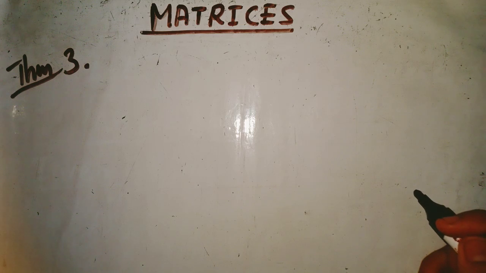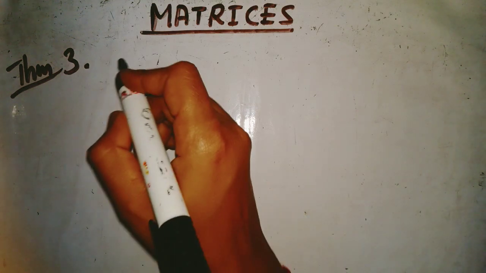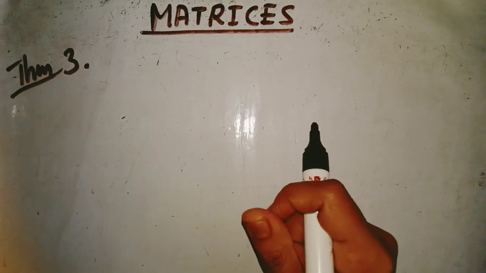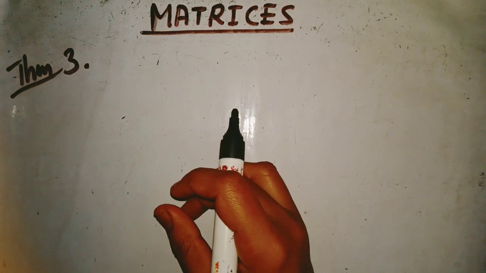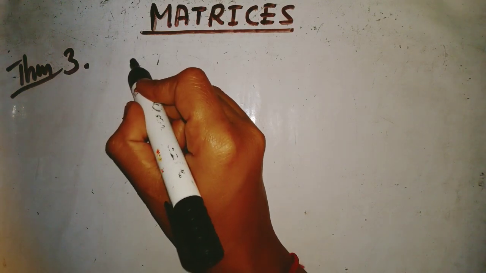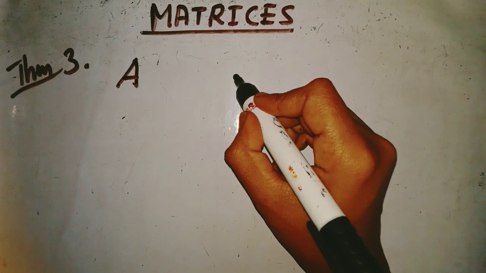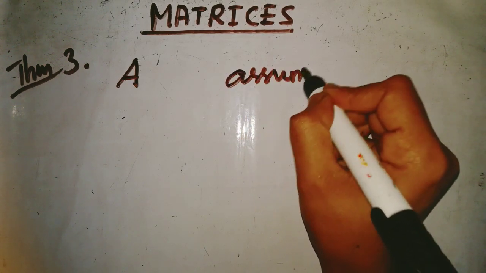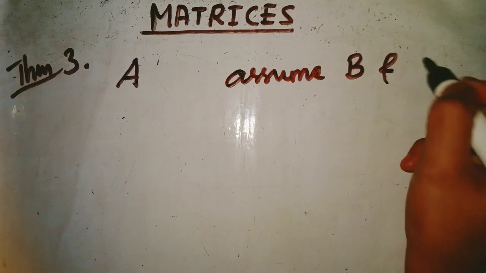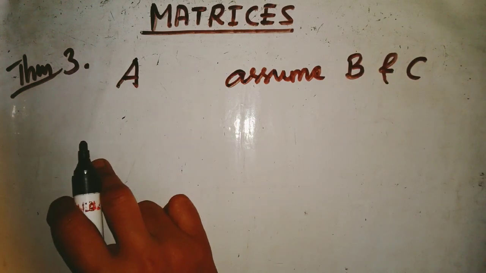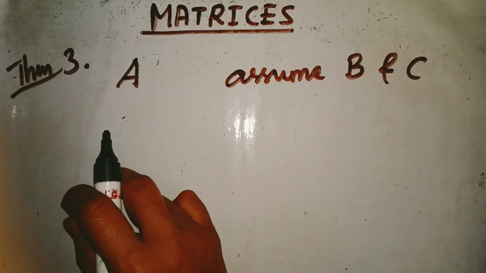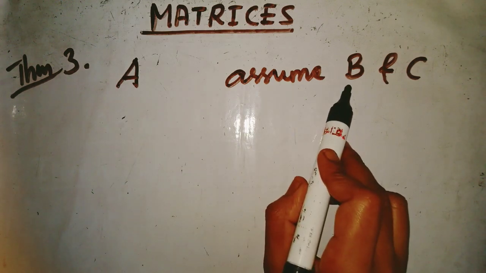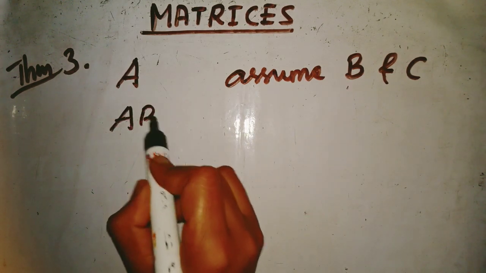Let A be any square matrix of order m and B and C be any two inverses of A. So we are proving it by contradiction method. We assume B and C both are inverses of A.